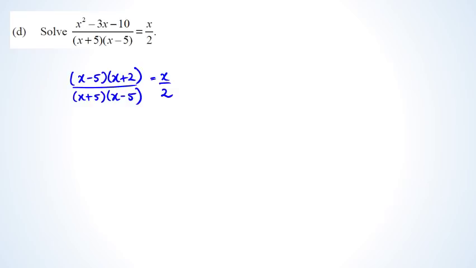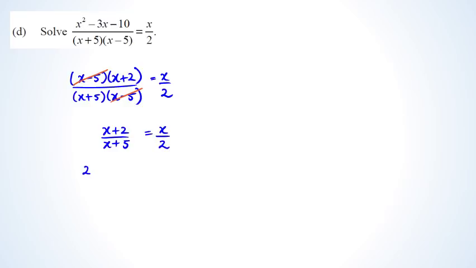But if you look at your left hand side, you've got an x minus 5 in the numerator and an x minus 5 in the denominator, and you can cancel them out. What you're left with is x plus 2 divided by x plus 5 equals x over 2.